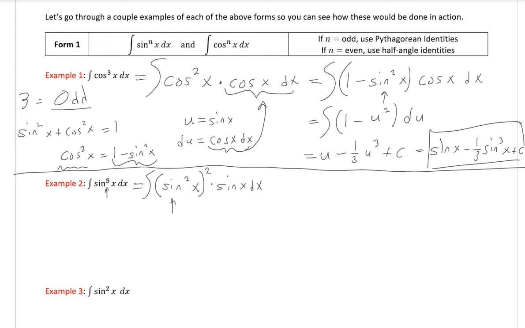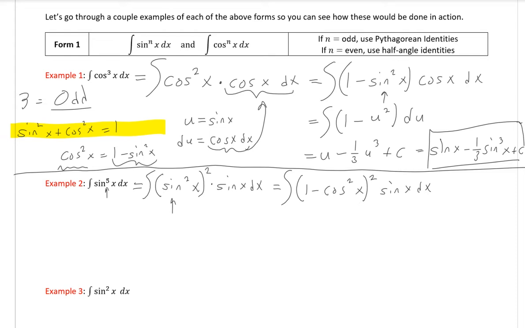I see sine squared of x, so I'm going to replace that with the integral of (1 minus cosine squared x) squared times sine x dx, in the same way that I did before. We had cosine squared became 1 minus sine squared. We now have sine squared is 1 minus cosine squared, just reordering the Pythagorean identity for it.